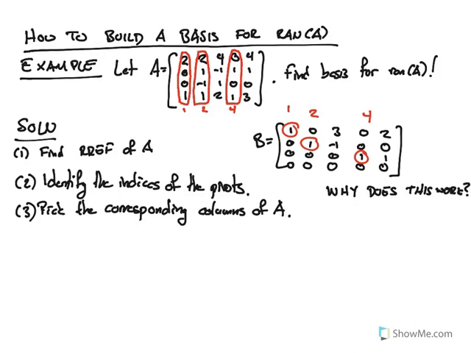We need to show, first of all, so question 1 is it a spanning set? And the second question is, are they linearly independent? So we will address these in order.